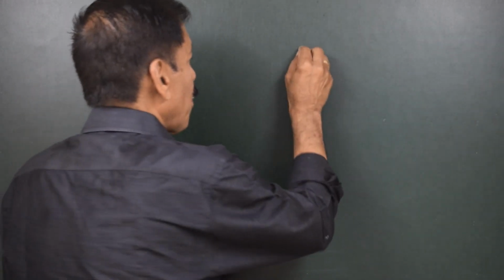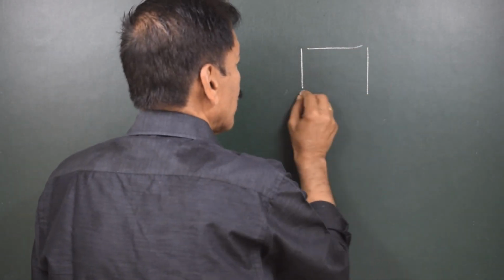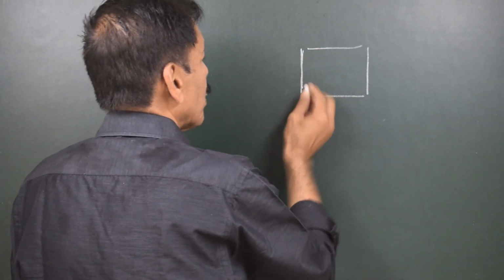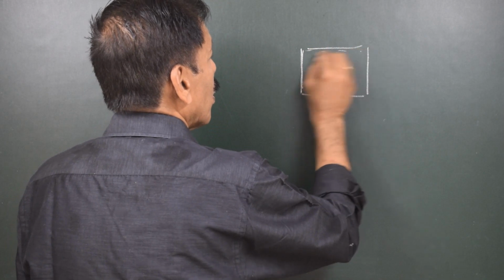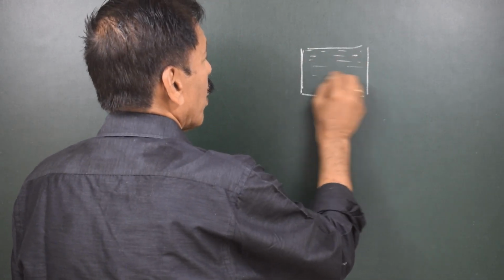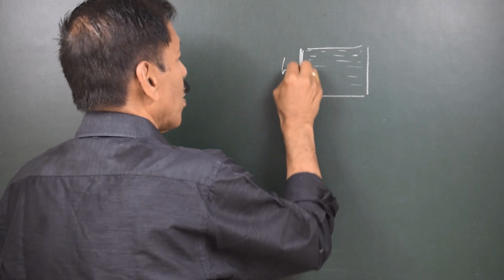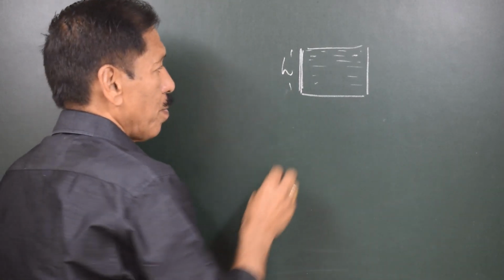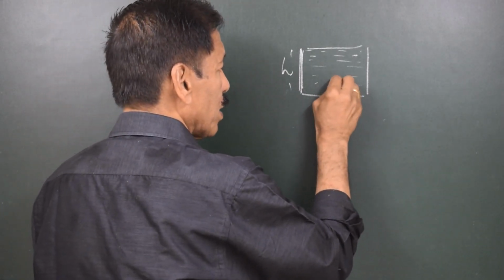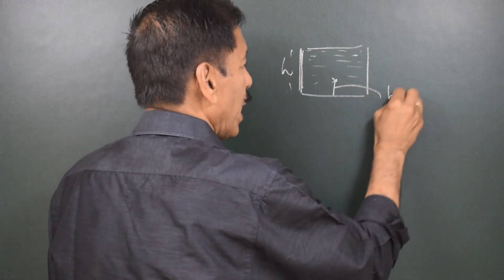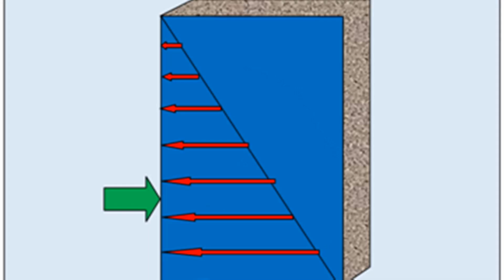Now we had also said that for a rectangular shape, suppose the other side is full of liquid, and suppose the height of the bulkhead is h meter, the center of pressure is h by 3 from the base, where the centroid of the triangle would be in case of a triangle.